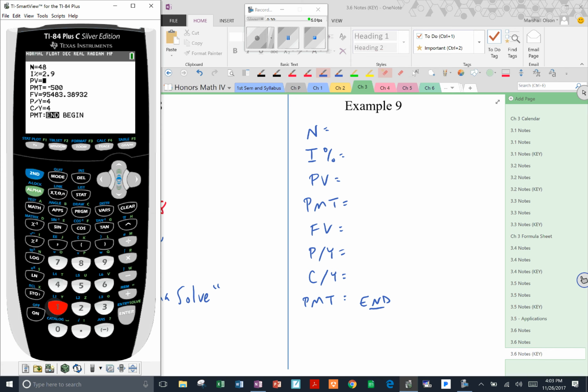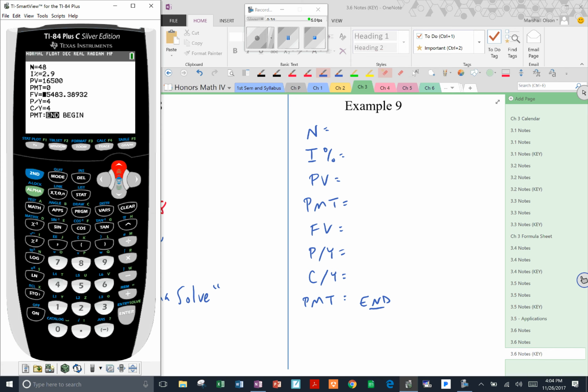This truck is worth $16,500. Now the payment, I think now this will make a little bit more sense why we made that negative before. I'm just going to put a 0 in for right now because we're going to come back up and that's what we're looking for. That's what we're going to hit alpha solve on later. But the reason why we make this negative is because it's going to be chipping away at that value.